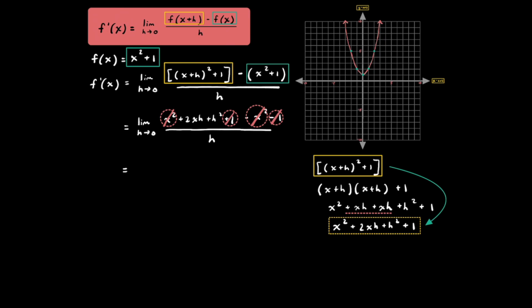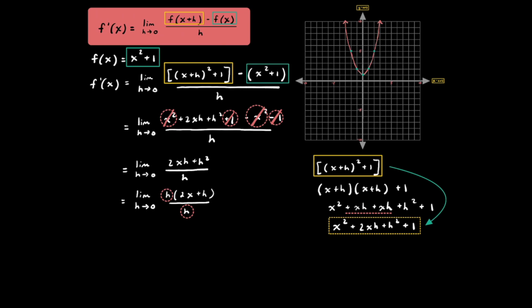Let's write this cleaned up version a bit. So we have the limit as h is approaching 0, and we're going to have 2xh plus h squared all over h. In the numerator, notice how both terms have an h, so we're going to factor that out as our GCF and have h times a quantity of 2x plus h. This is going to be all over h.